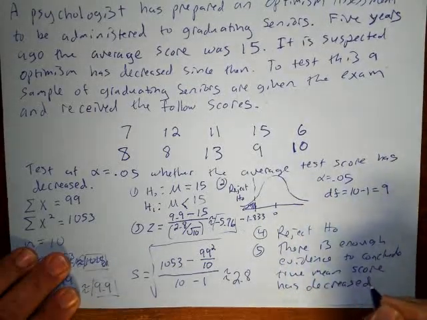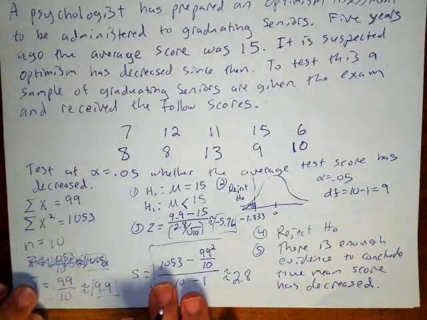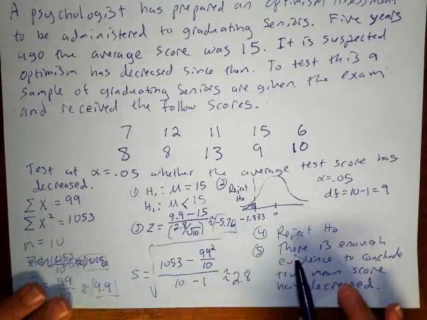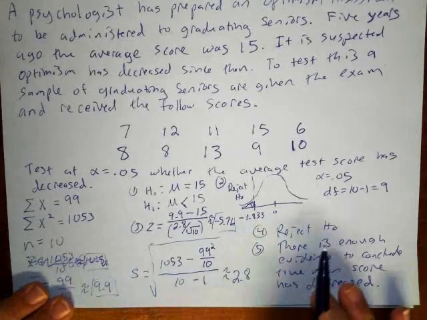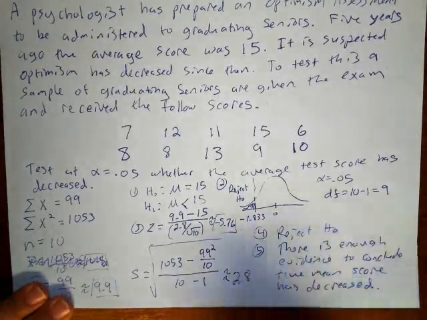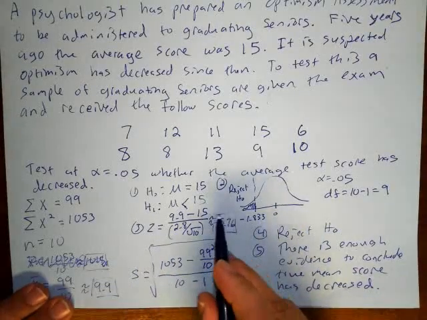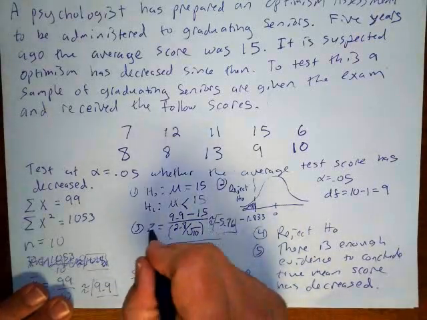If we think about the type 1 and type 2 errors, the type 1 error would be concluding that it's decreased when it really hasn't. But look at my test statistic. Oh, and you know what? I said Z here.